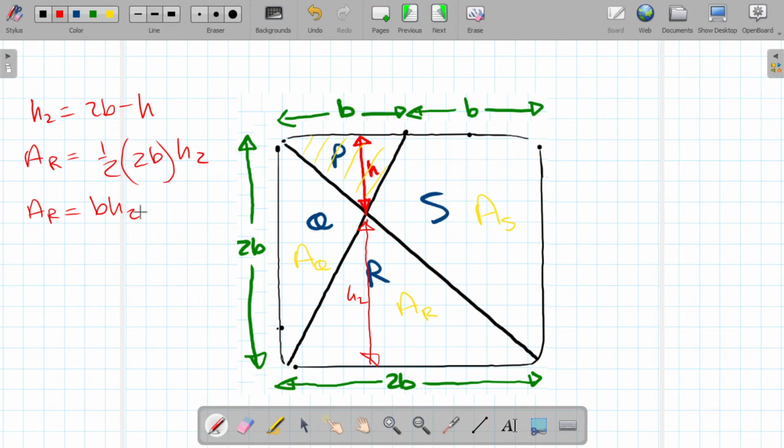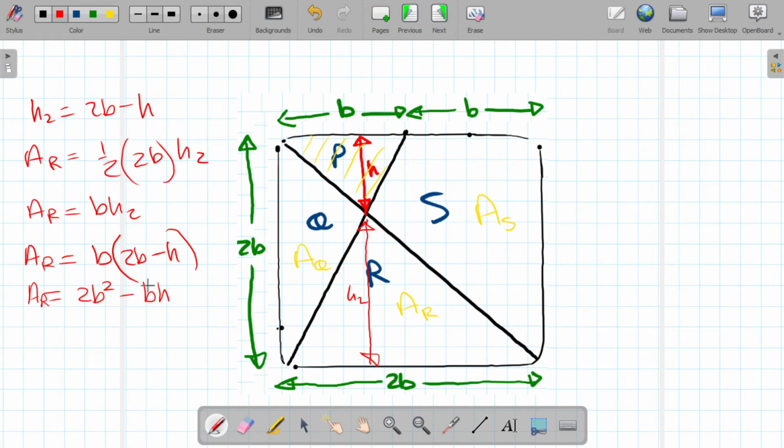Not the same as the BH we had before, BH2 this time. So how does that help us? Well, the area of R is equal to B, and we substitute in this H2 component here, which is 2B minus H. Now, the area of R is equal to B times 2B minus H, which when you multiply it out becomes 2B squared minus BH.